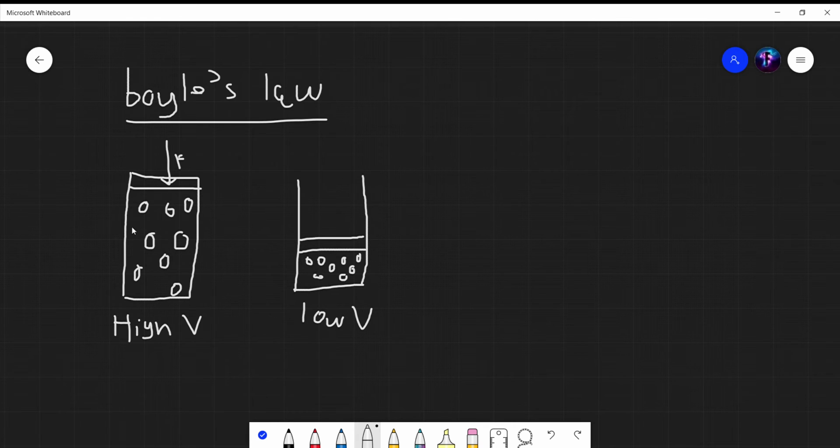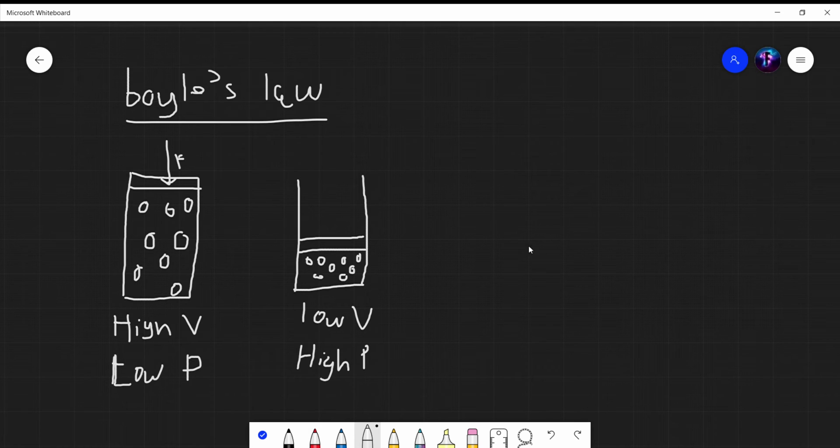Since they're more spread out, they aren't that likely to collide, creating less pressure. So we already know that this one has a low P, and we'll use P as pressure. And this one definitely has high pressure, because more collisions equals higher pressure.